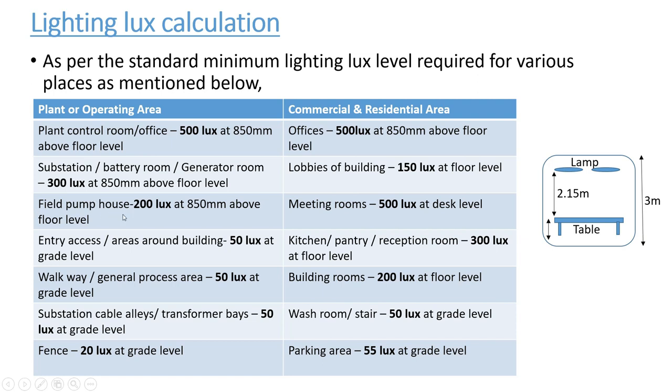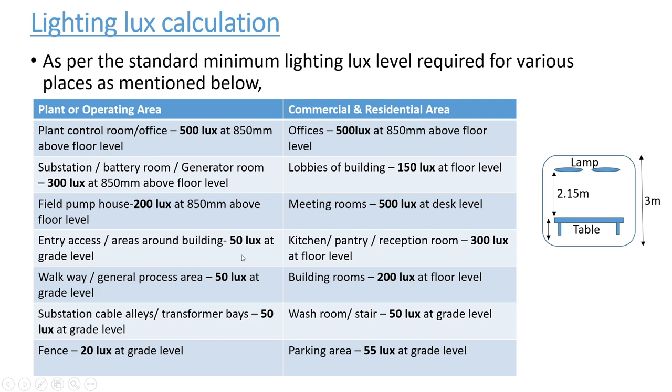And third, a field pump house, this is the field area lighting system, requires 200 lux at 850 mm above floor level. Similarly, a commercial building meeting room requires 500 lux at desk level. So like that, for each location they have given how much lux level is required.